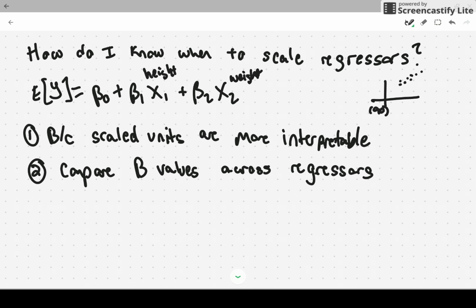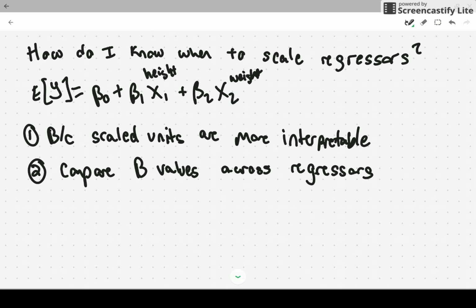So you might want to move your center to the average blood pressure, where your intercept will be interpreted. It doesn't change anything with the model fit, but it does change the interpretation of the intercept, which is useful because zero blood pressure isn't that meaningful. So that's why we shift.